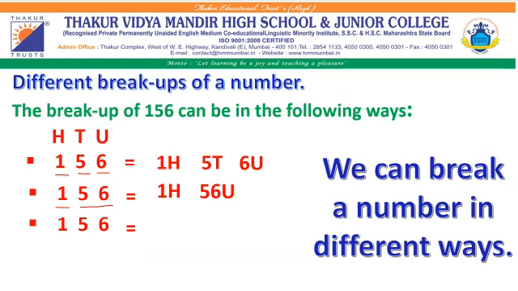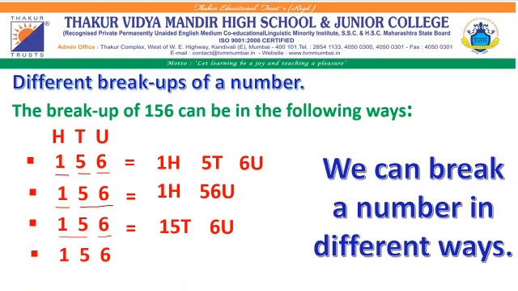Now I will take the first two digits together and the last digit alone. So again we have to note here the lowest value will be written along with this number. So the number will be 15 tens and 6 units.